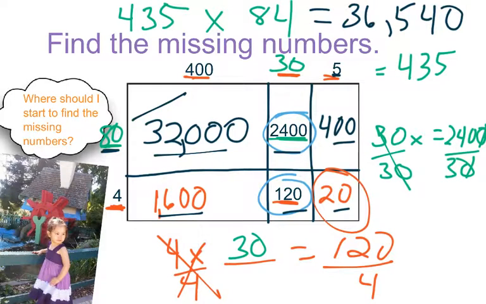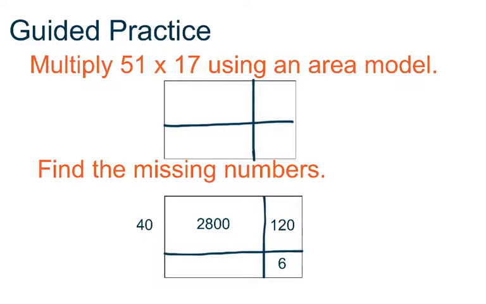So that's an easy way of visualizing multiplication, especially if you're the type of person who might lose your place when you're doing it the traditional way. So now it's your turn. Multiply 51 times 17 using an area model. Make sure you draw those pictures and make sure you include all of your information as well as your totals.